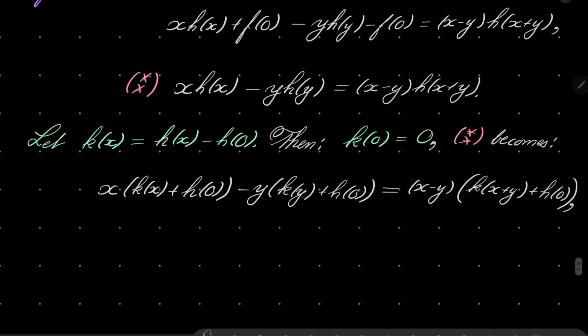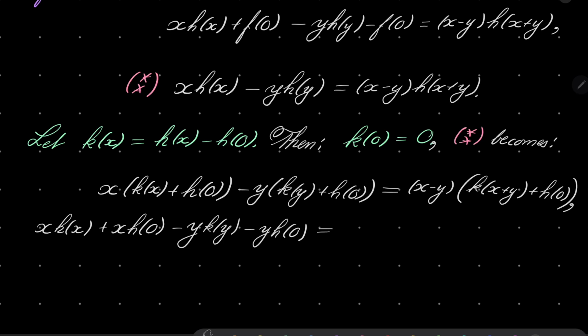And now let's simplify it. x k of x plus x h of 0 minus y k of y minus y h of 0 equals x minus y k of x plus y plus x h of 0 minus y h of 0.